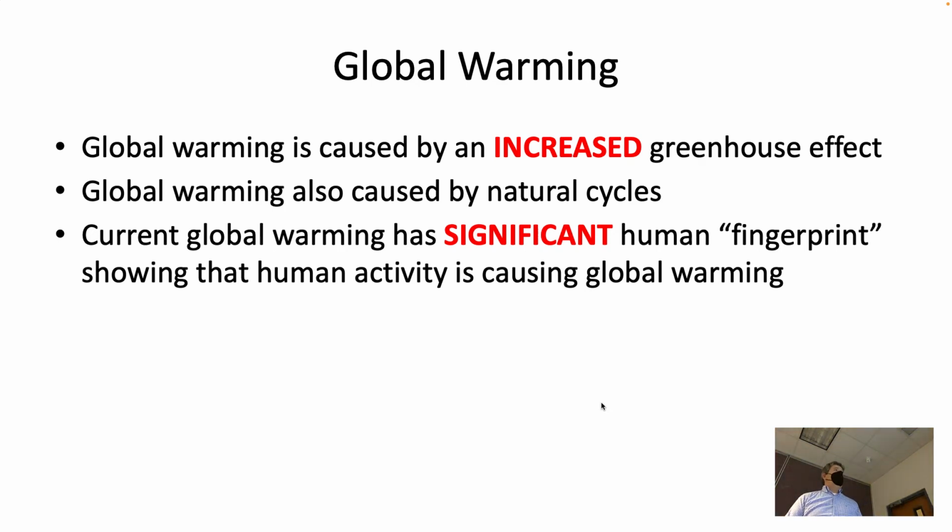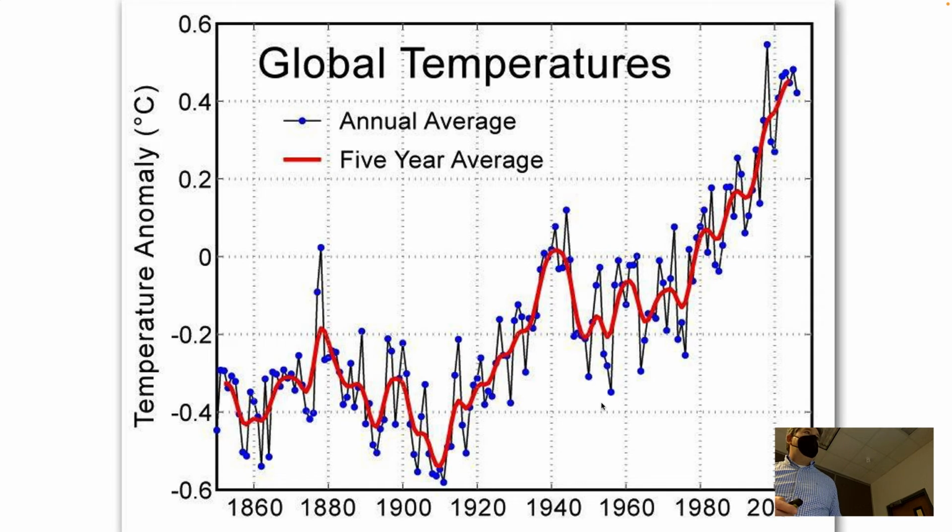And people will argue whether this is a natural cycle or something that's caused by humans, but scientists, as they analyze this, find that there's a significant human fingerprint on that relationship between carbon dioxide that we are releasing and global temperature. If we look since the Industrial Revolution began, we can see ups and downs in global temperature.